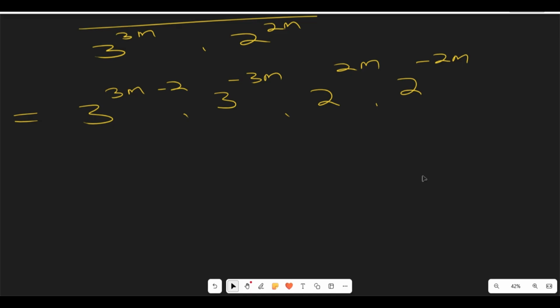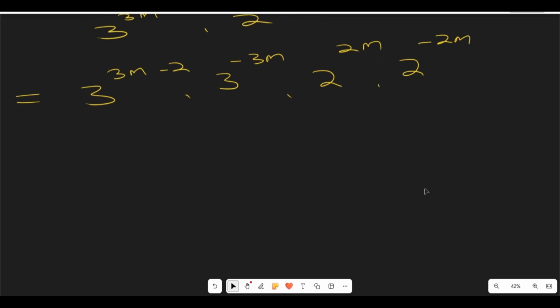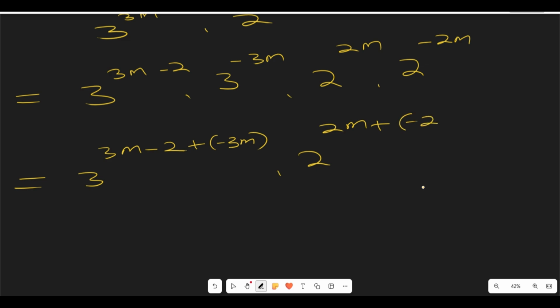Now we will try to add the indices by ensuring one base. So 3m minus 2, and then plus negative 3m. I hope it's clear that we added the indices. 2 to the power 2m plus negative 2m. So it's supposed to go to 0. So it's going to be 3 to the power negative 2, and then 2 to the power 0, which should be 1.